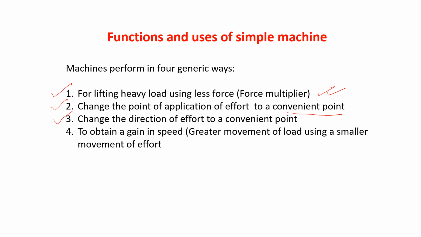And fourth, to obtain a gain in speed: greater movement of load using a smaller movement of effort. It is known as gain in speed. I'll discuss all these things in the following slides.